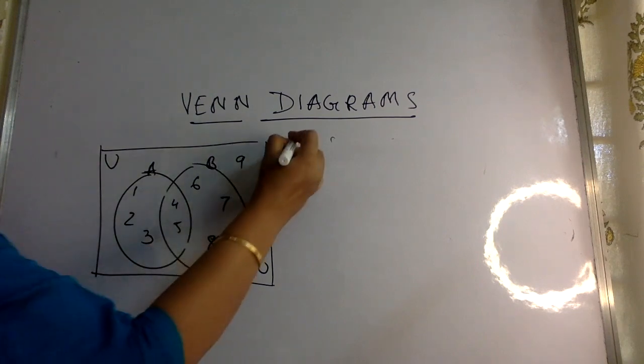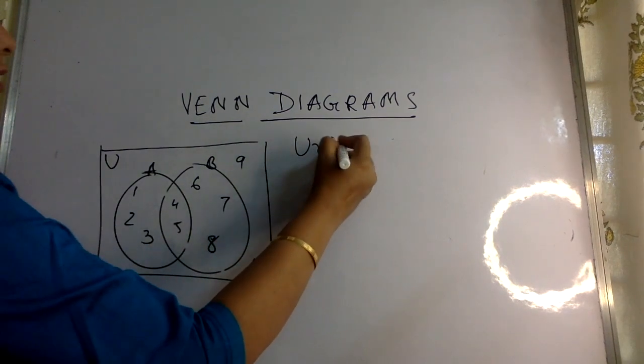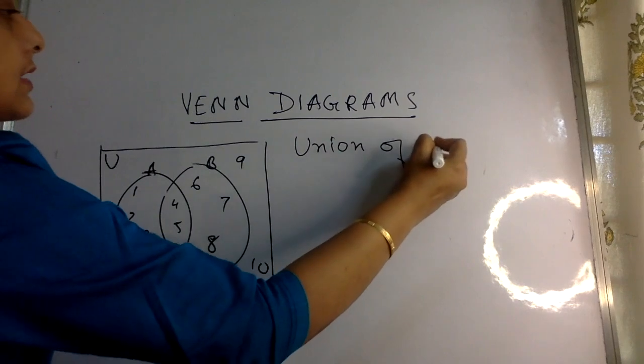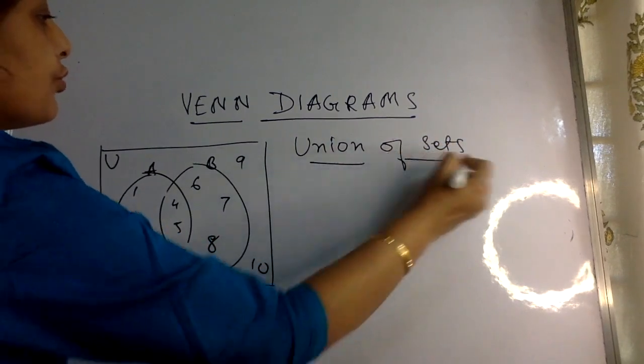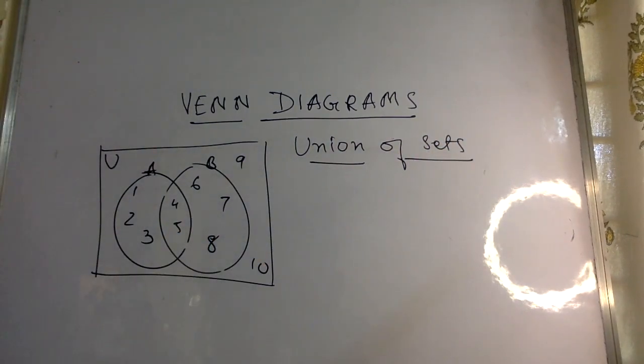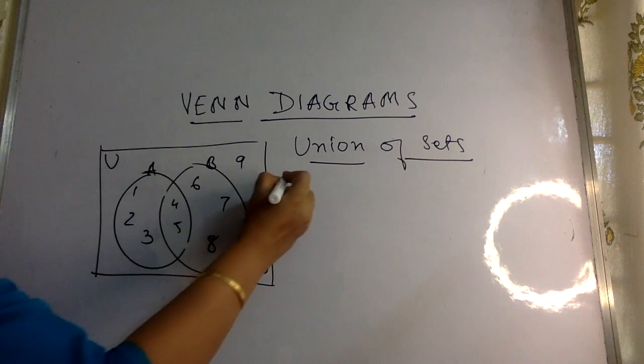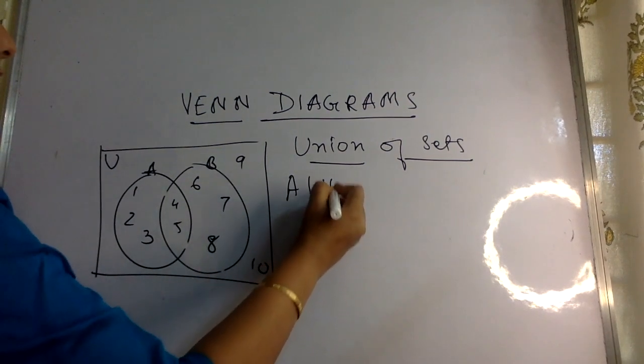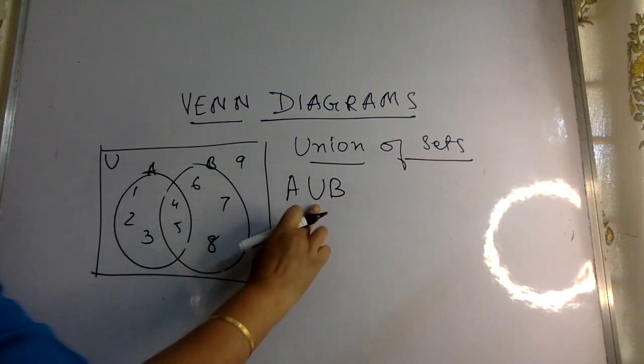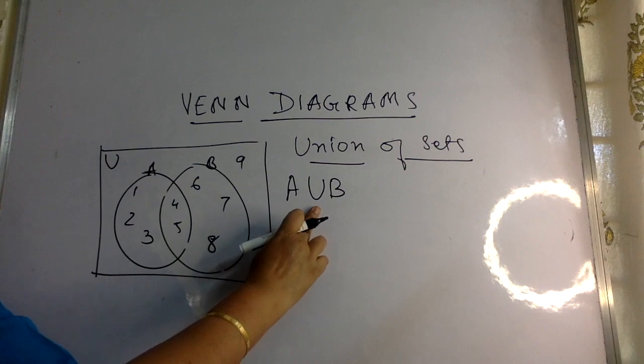Now there is something called union of sets. What is union of sets? If I say A union B, this capital U represents union.